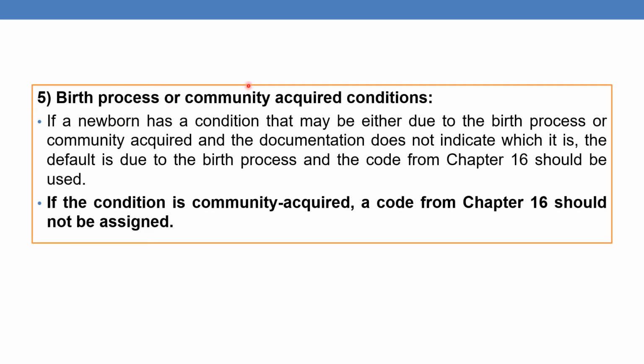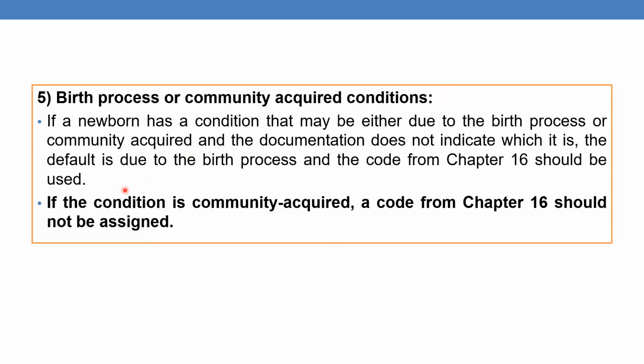Next, birth process or community acquired condition. If a newborn has a condition, it may be either due to the birth process or it may be community acquired. If the documentation does not indicate which it is, the default is to use birth process, and a code from chapter 16 should be used. If it is not clear whether a condition is congenital or community acquired, the default should be the congenital code.